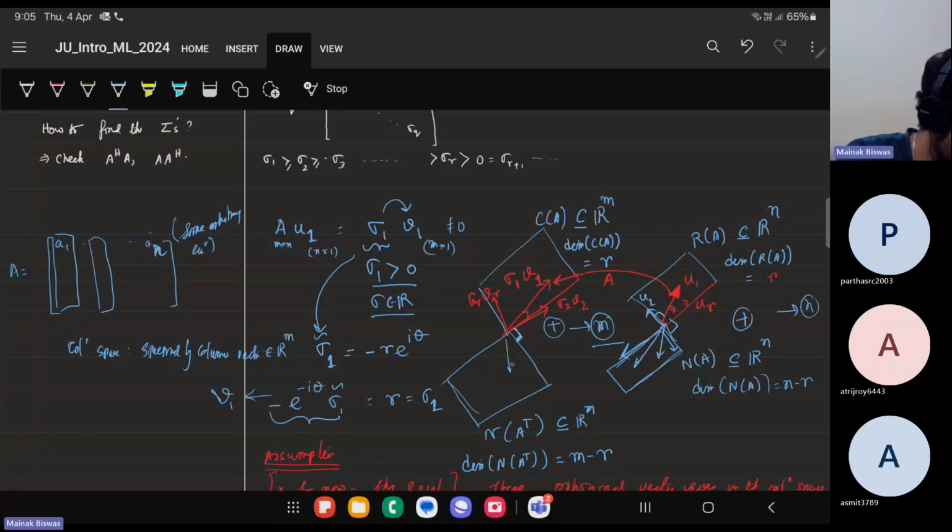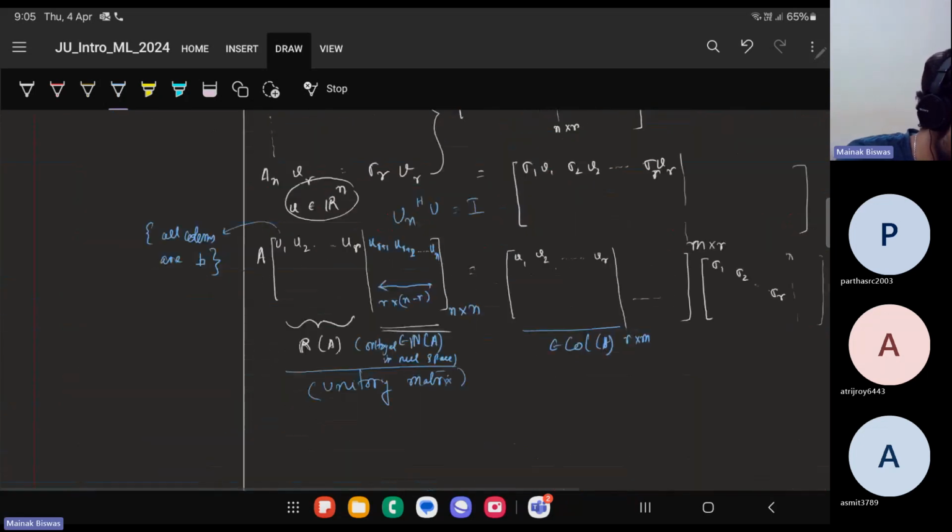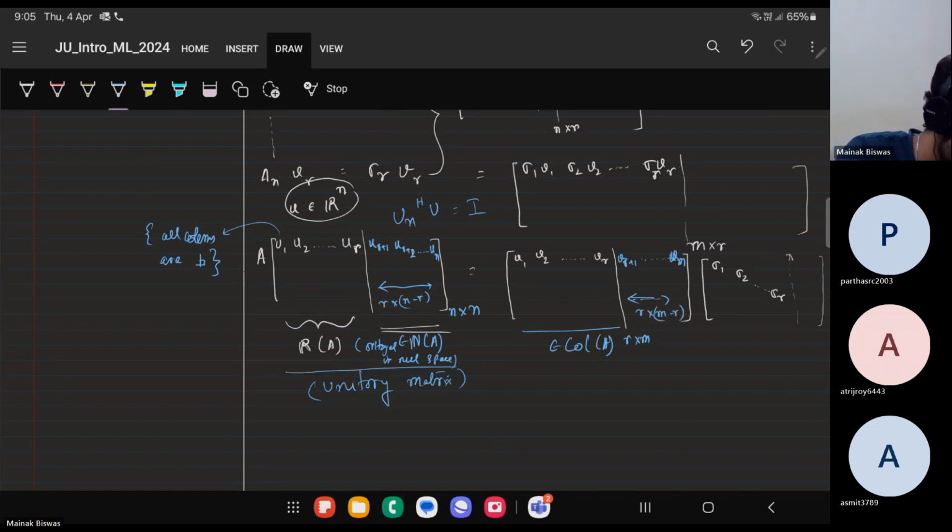Yes. And it does not matter from where I bring them. I will show you why. So V R plus 1, dot dot dot V M, right? This is R cross M minus R. Right or wrong? Or did I write it wrong?